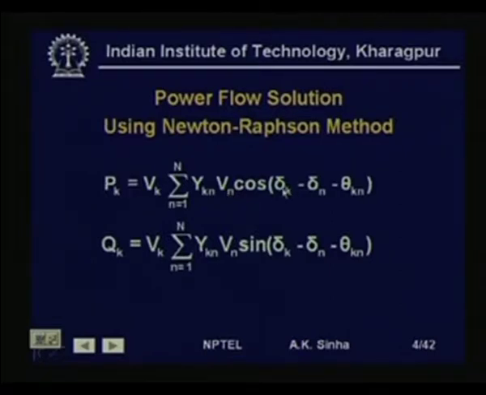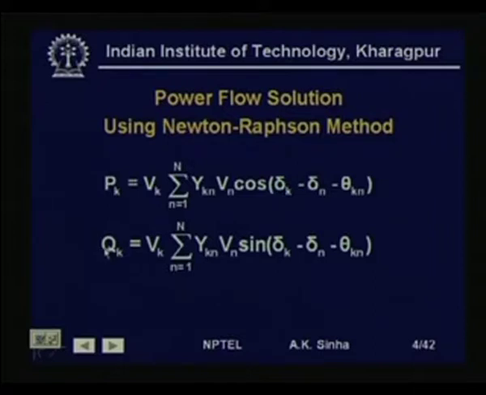Delta k is the voltage phase angle at bus k, delta n is the voltage phase angle at bus n, and theta k n is the angle of the admittance between bus k and n, that is the angle associated with the element y k n, that is k n element of the Y bus matrix, and magnitude of y k n is the magnitude of that element.